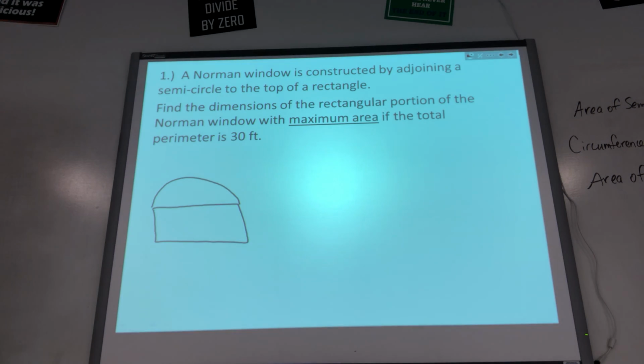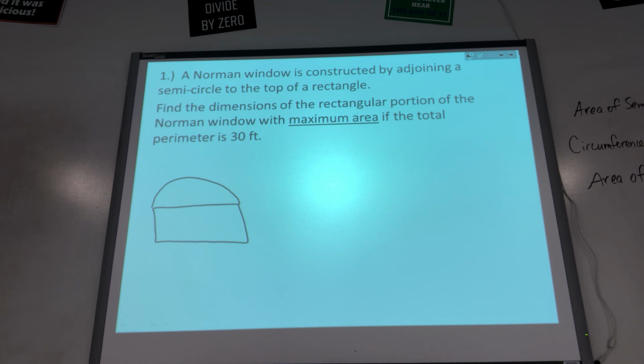Alrighty, next part, this is actually the last thing to write down. Find the dimensions of the rectangular portion of the Norman window with maximum area.